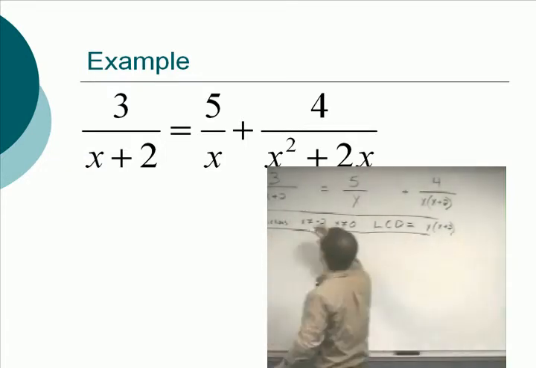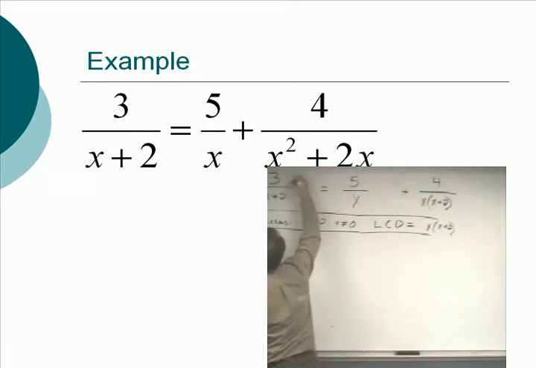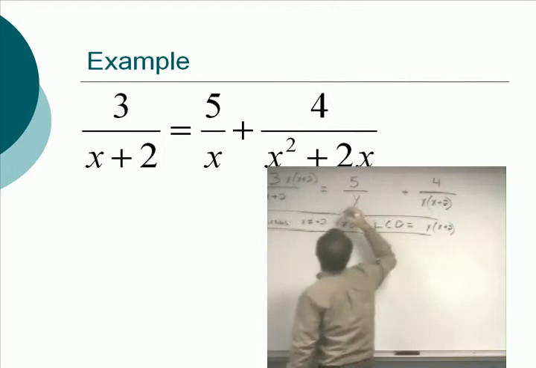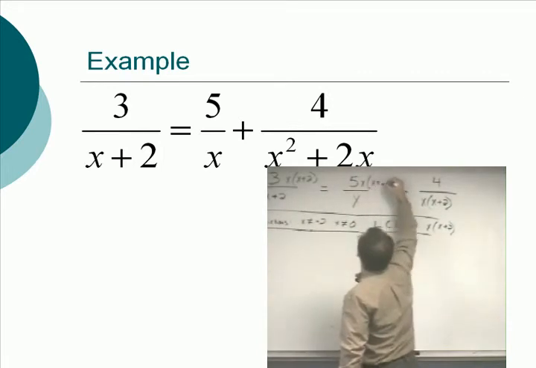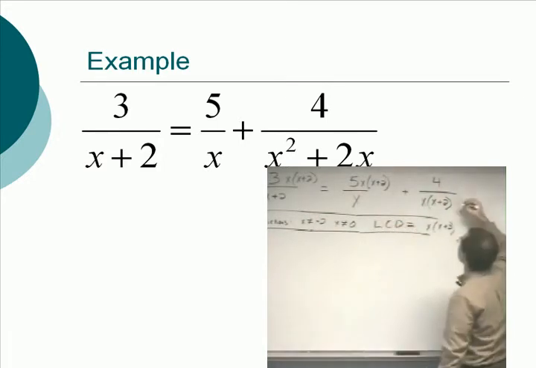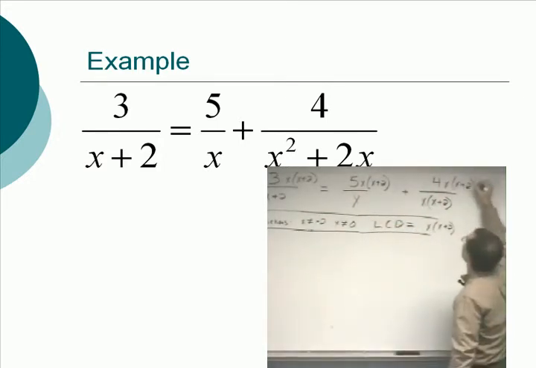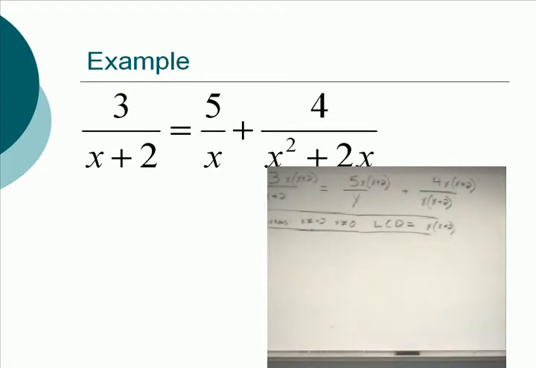So this is going to be 3 times x times x plus 2. This is going to be 5 times x plus 2. And this is going to be 4 times x plus 2. Now, you will always have a gob canceling because your fractions have to disappear. That's the whole point of doing this.